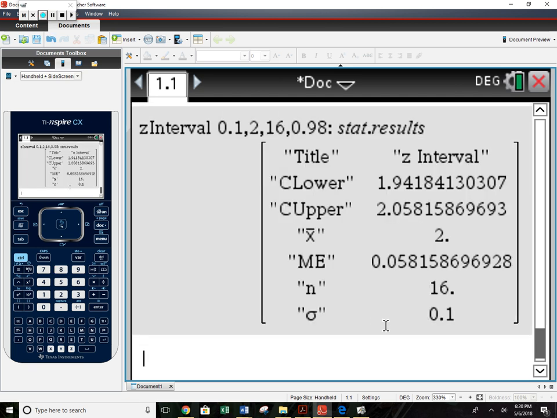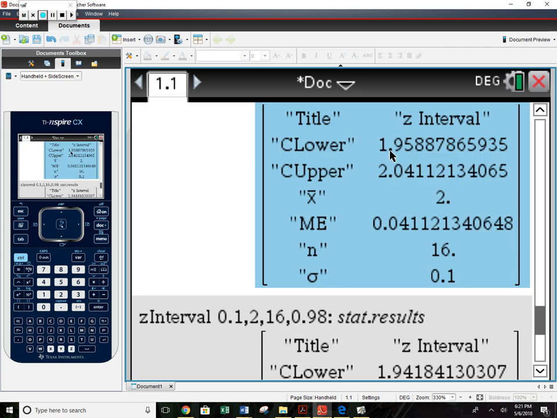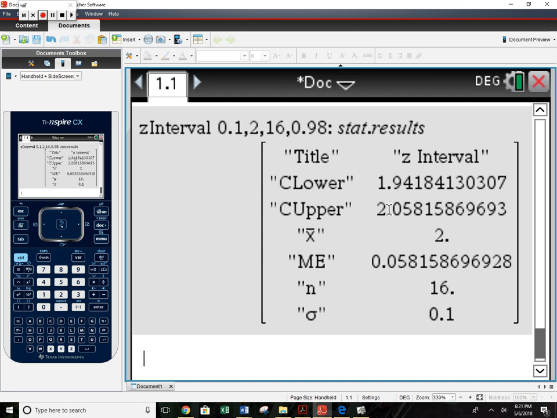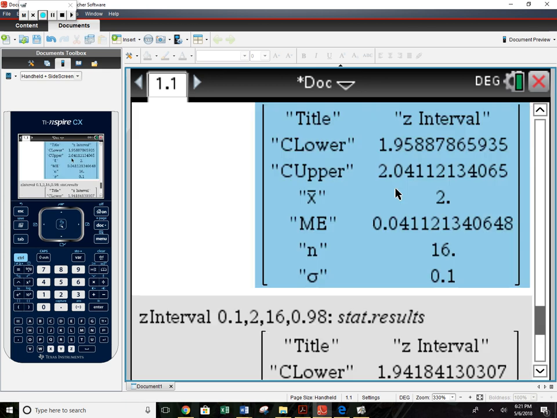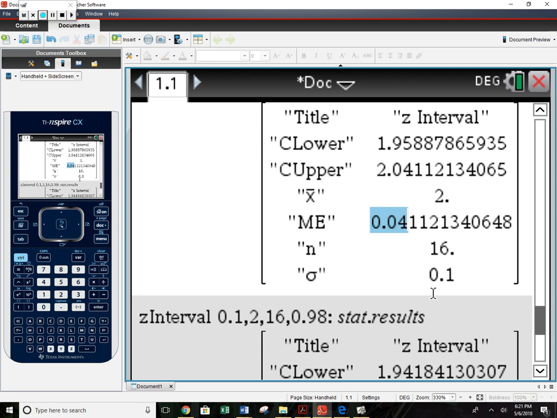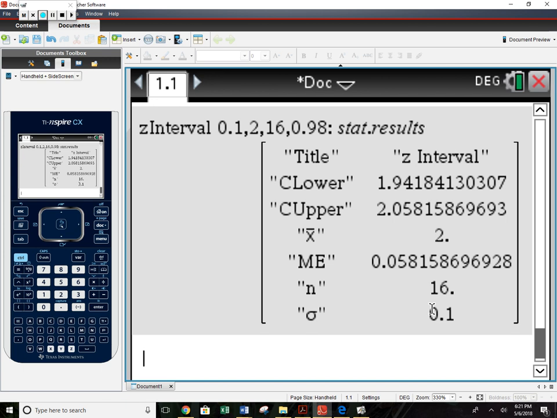So hit OK. Now look, our window from before was 1.95 to 2.04. Our window now is 1.94 to 2.06. So it's wider. And our margin of error is 0.06, and this margin of error was 0.04. So we've got a larger margin of error, and that is because our window is wider.